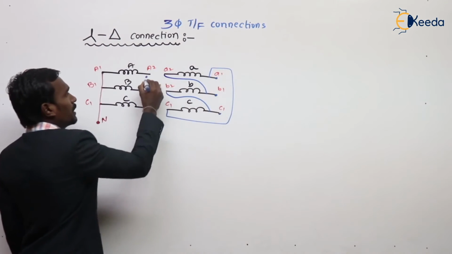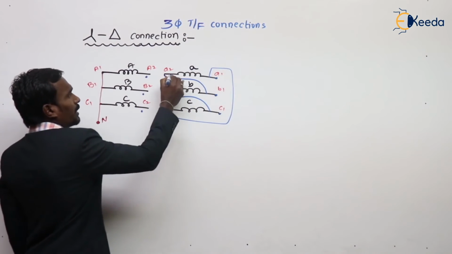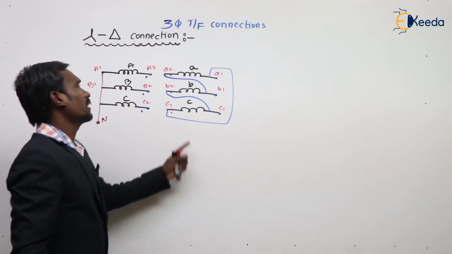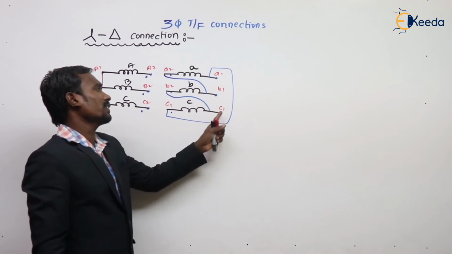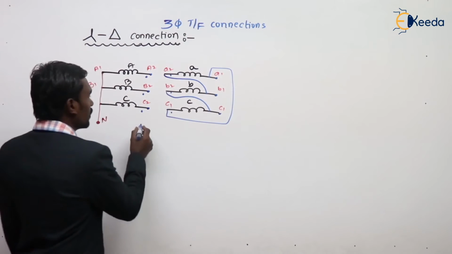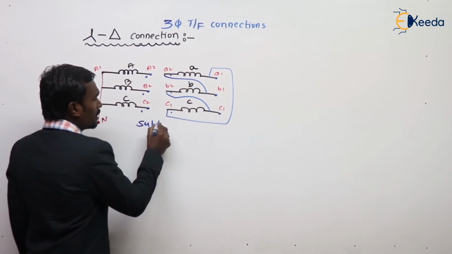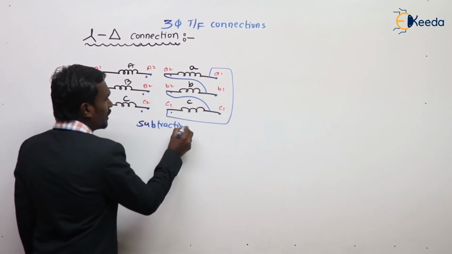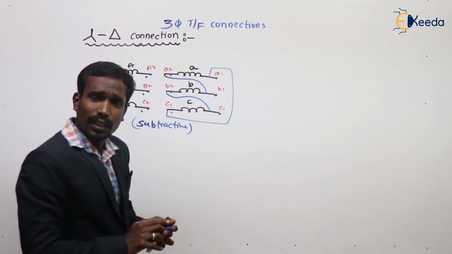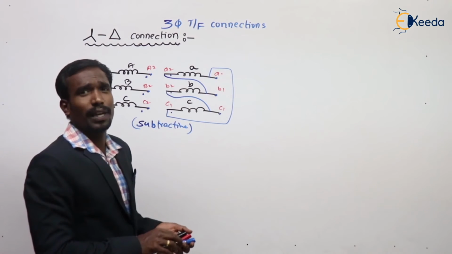So actually here is the dot notation, in general. But here we are taking the terminals so that this is a subtractive manner. This is a subtractive polarity only. Yes or no?